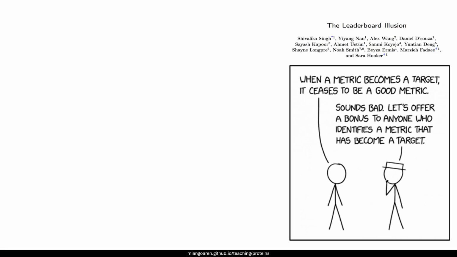This has led to a problem known as the leaderboard illusion, where what happens is that these types of laboratories really focus on being able to achieve or solve this type of benchmarks, rather than actually improving the modeling capabilities of their artificial intelligences.